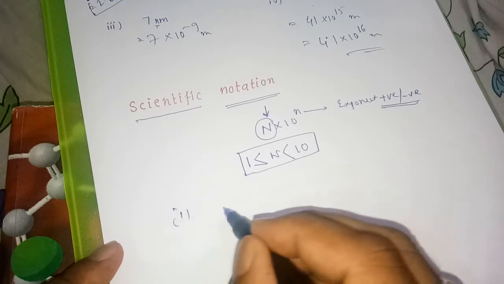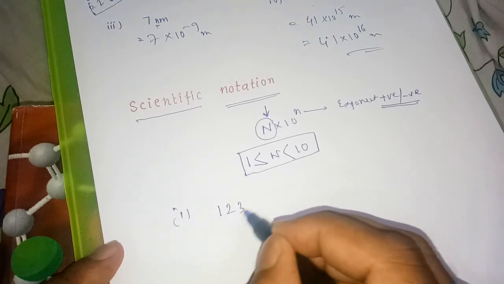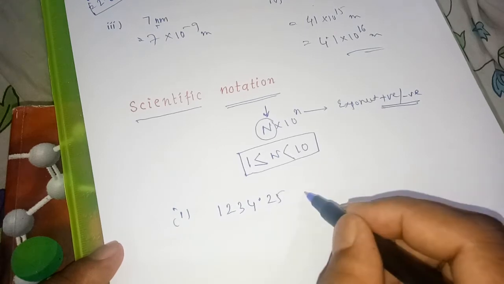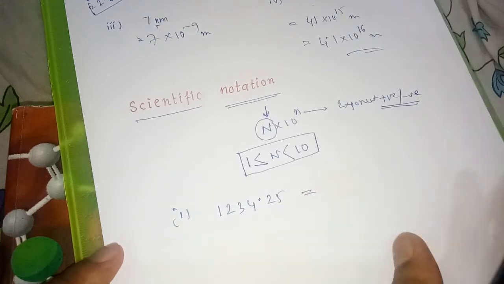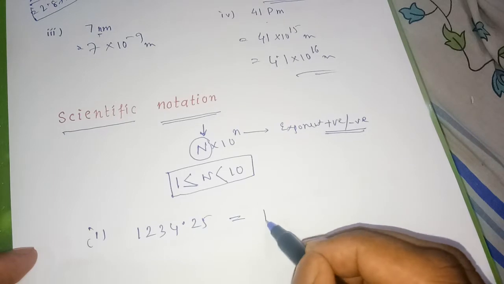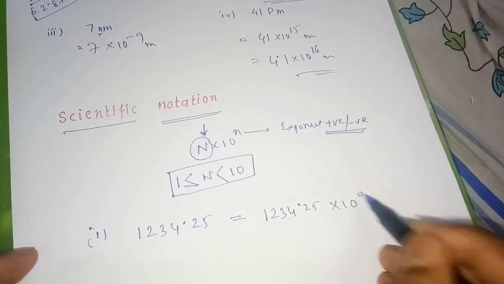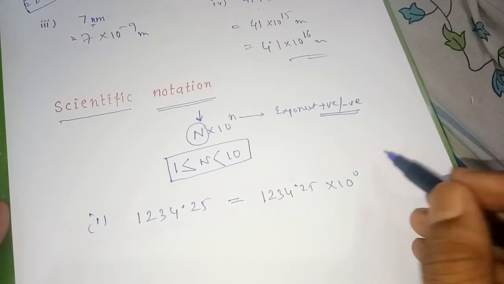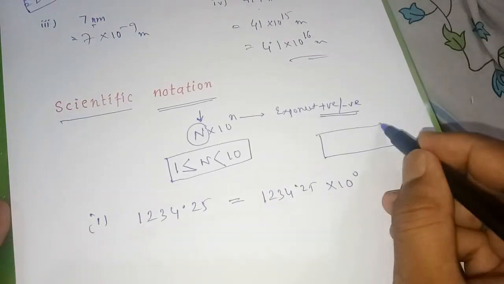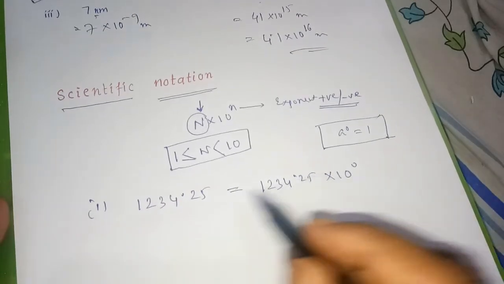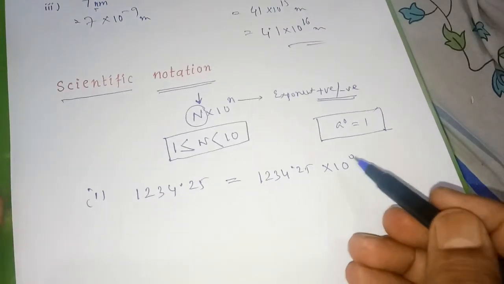So if I have given one number 1234.25, so this number can be written like that: 1234.25 into 10 to the power 0. Anything to the power 0 equal to 1. So this into 1 means this.